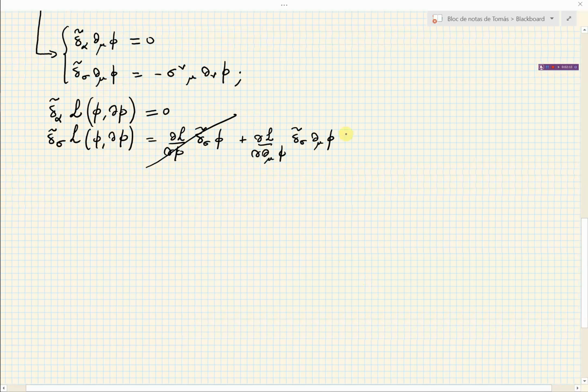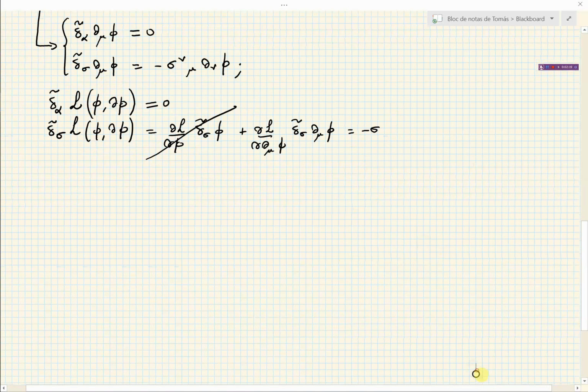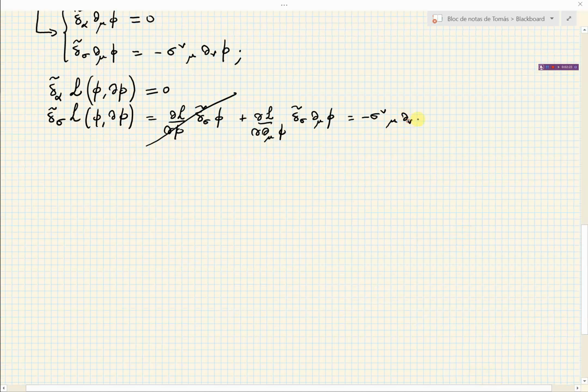This we have, and this is equal to minus sigma mu nu partial nu phi, and if we wanted this to be 0, it is enough that this is proportional to partial mu phi. Actually, we don't need to do this calculation.